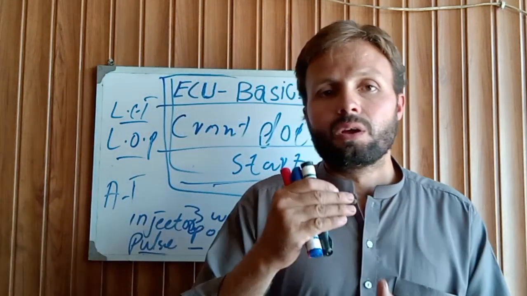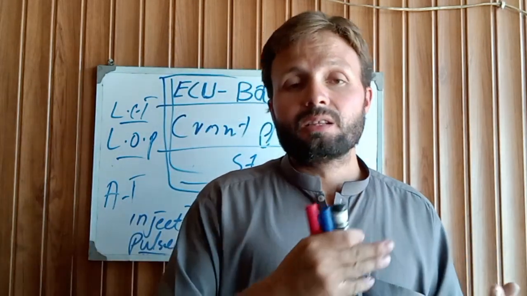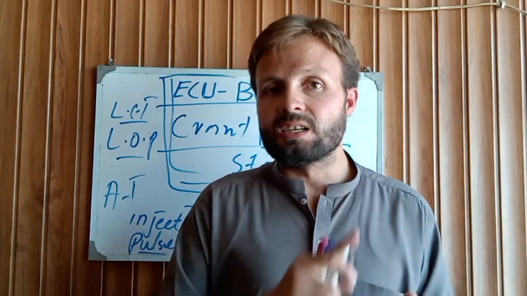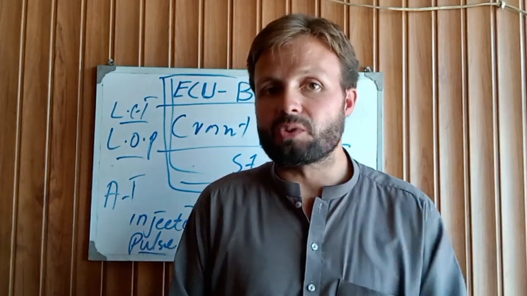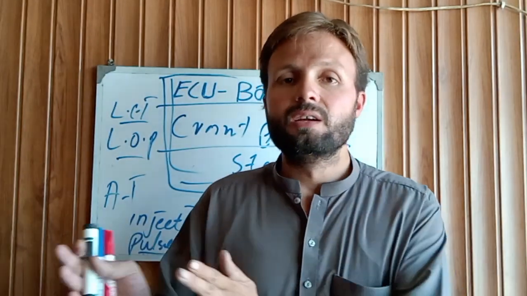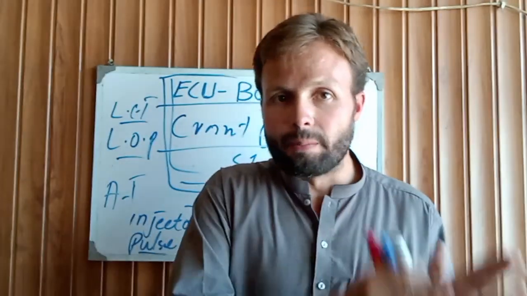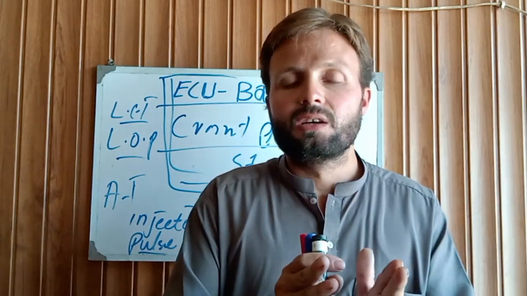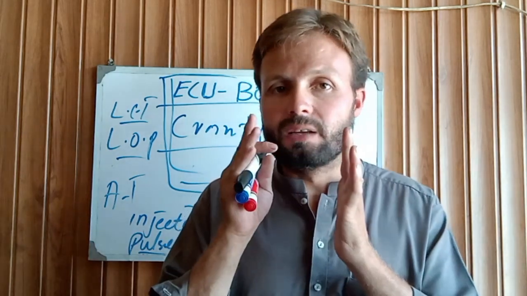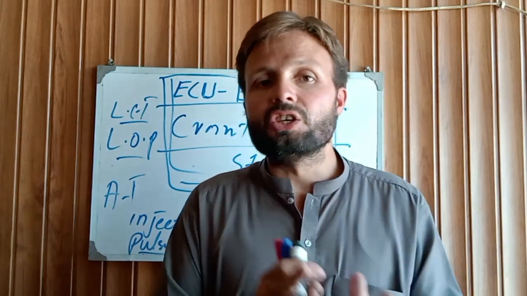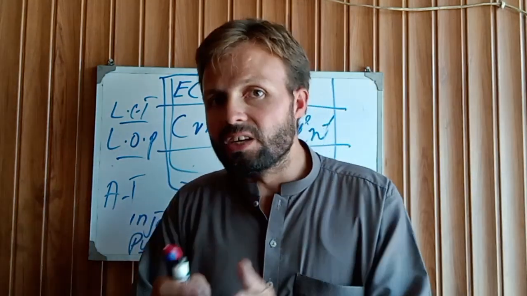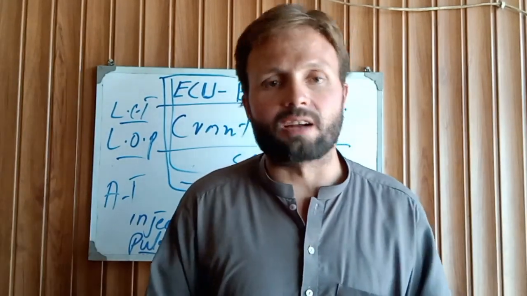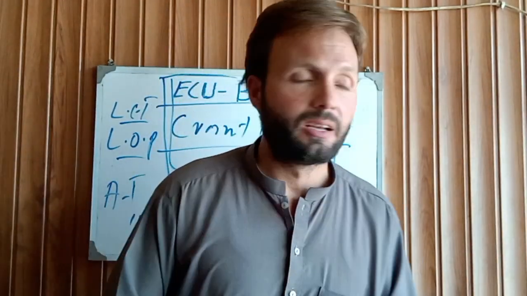Then when you try cranking, the camshaft position sensor and crankshaft position sensor send the signal to activate the injection system, timing system, and fuel injection system to the combustion chamber. When the engine is rotating, the ECM sends the pulse to the injectors, and each injector sprays the fuel inside the combustion chamber, and the engine turns on and finally starts. Okay, this is the working principle of the injector system.